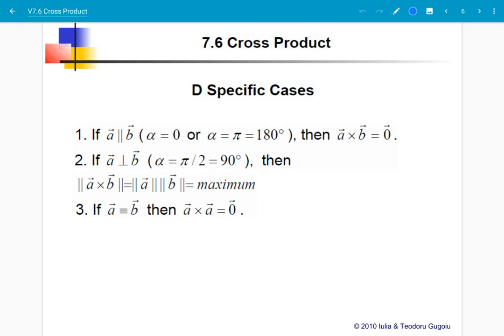If they are perpendicular, alpha is 90, and the maximum magnitude occurs, which is the magnitude of A times the magnitude of B. If A and B are the same vector, then alpha is 0 and A cross A is 0.